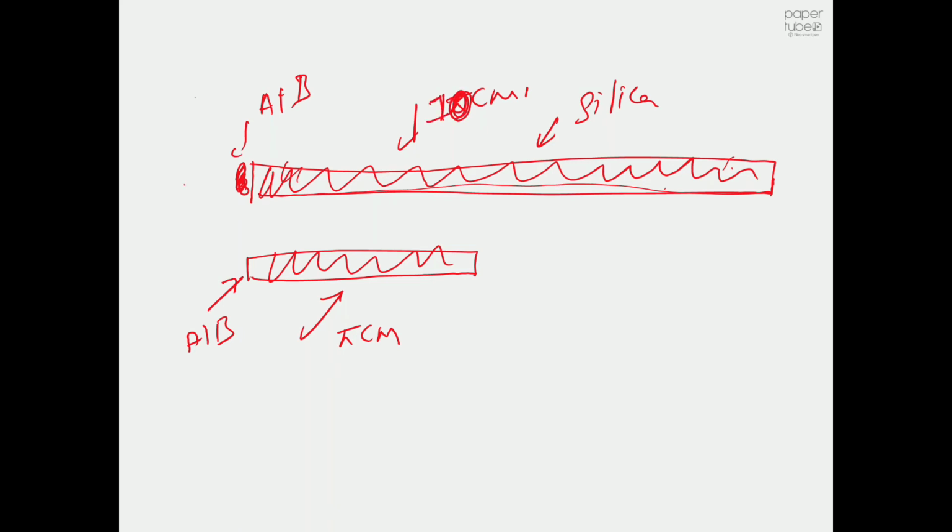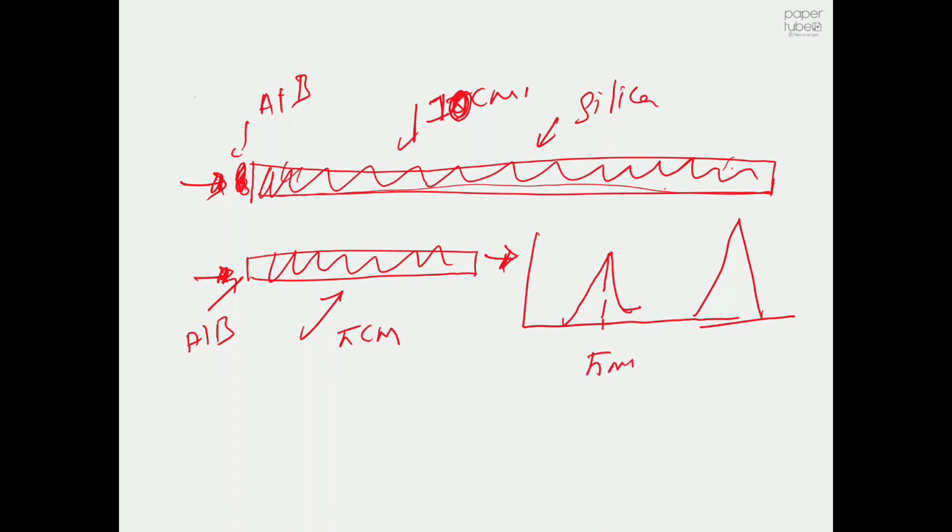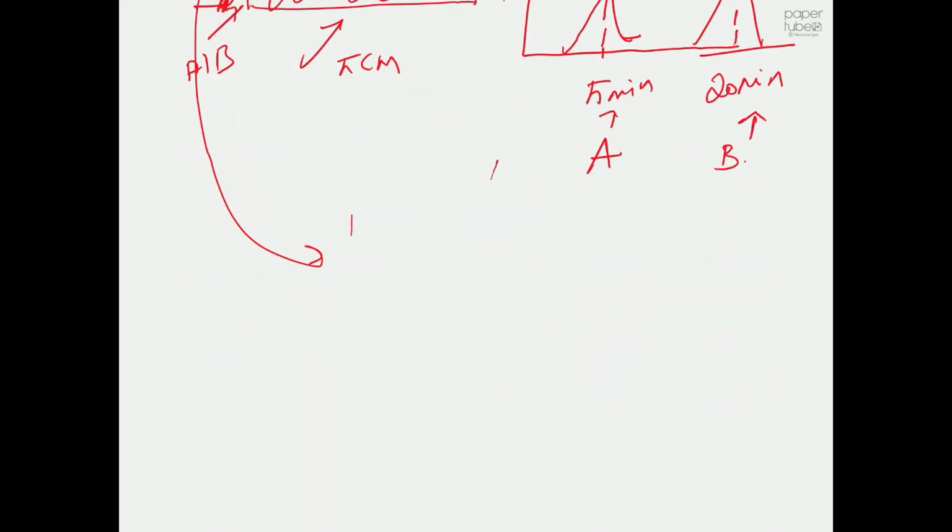You supply your mobile phase, and then you take your experimental outcome and you will get some distribution at the exit, for compound A and a distribution for compound B. So this one happened at 5 minutes for compound A, and compound B elutes at something around, say, 20 minutes. This is for compound B. And if you perform the same experiment in a 10 centimeter column, the experimental outcome will look something like that.